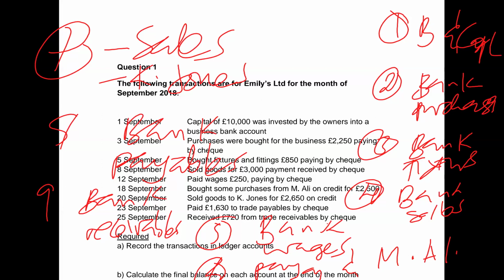So we balance them off again. No, wait. Was there anything else? Yeah, there were two sales, 20th September again, to receivables.